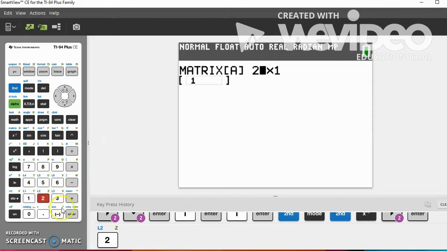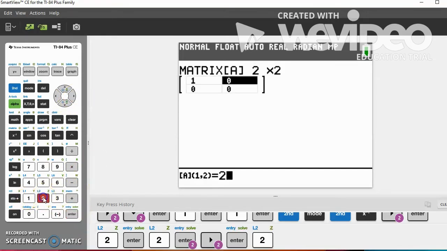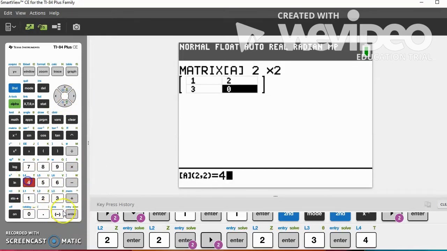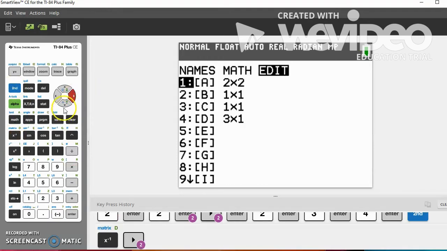A was a 2 by 2 matrix, so I'm entering that. Going back to edit matrix C, which is my constants. Matrix A is my coefficients.